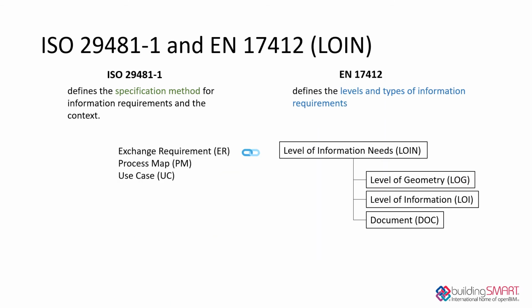EN 17412 LOIN specifies the levels and types of information requirements. In case of LOIN, the solution is the same as that for ISO 19650. It can simply include a clause that says follow ISO 29481 Part 1 to specify detailed information requirements.